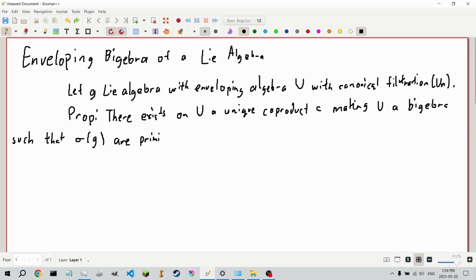I guess in this case it should be the singular since I'm referring to the set. Broadly, primitive.